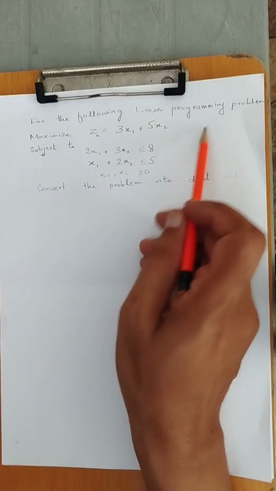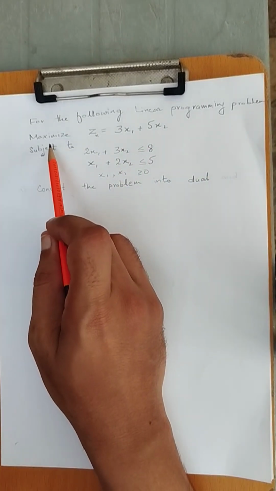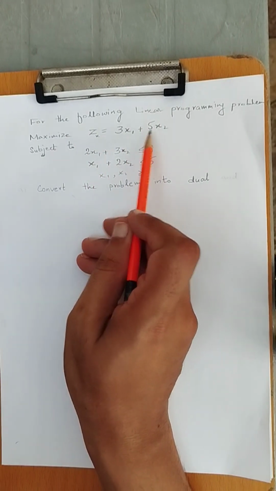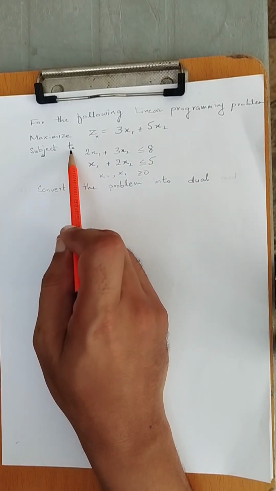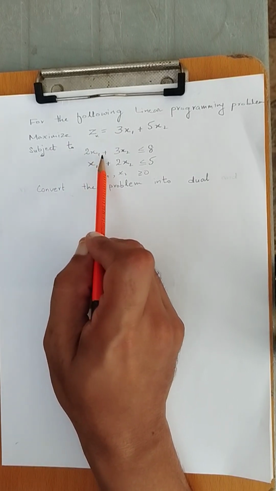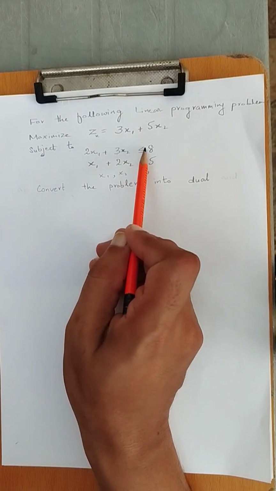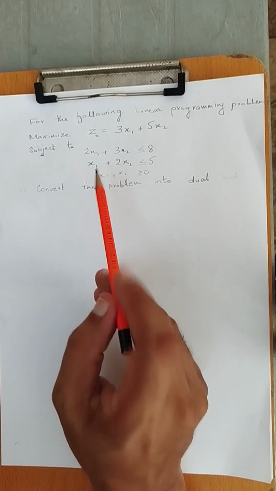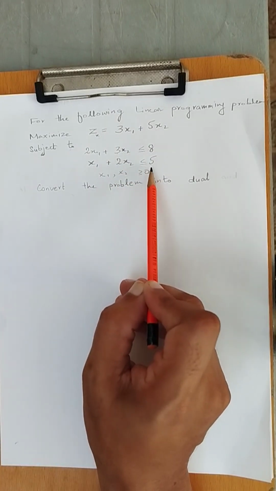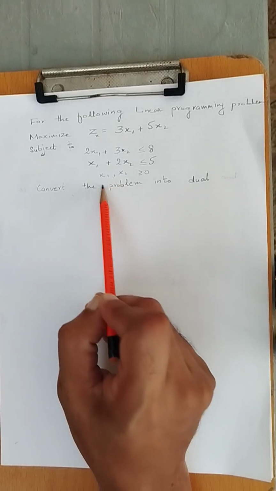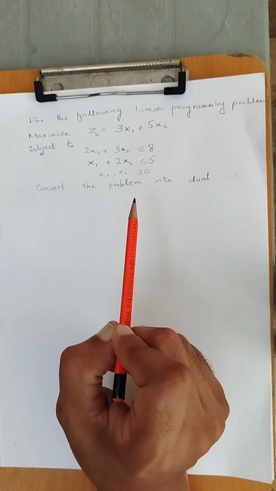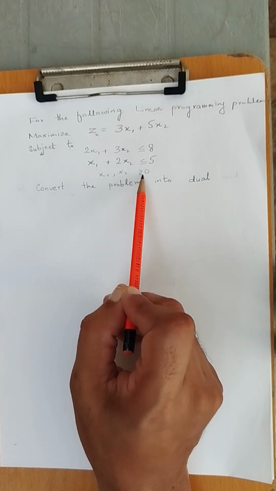For the following linear programming problem, maximize Z equals 3x1 plus 5x2, subject to constraints 2x1 plus 3x2 less than or equal to 8, x1 plus 2x2 less than or equal to 5, and x1, x2 greater than or equal to 0.